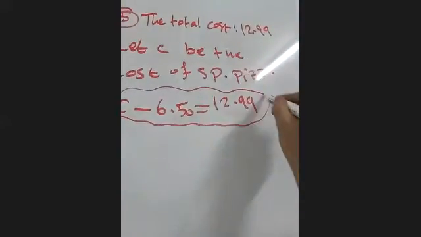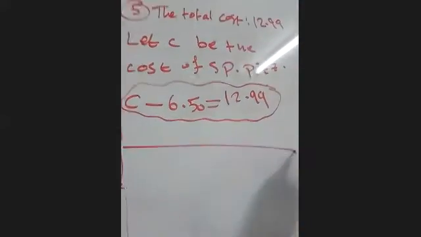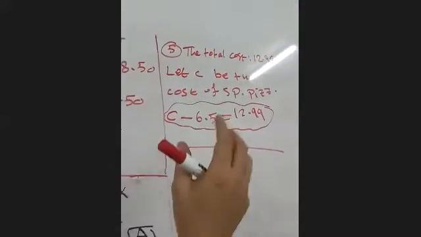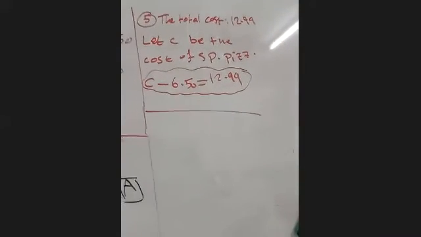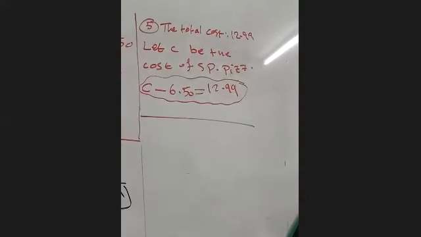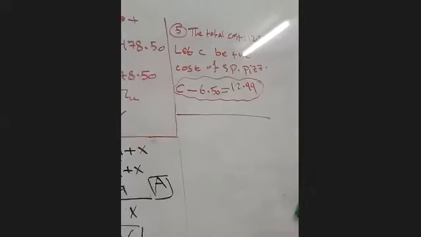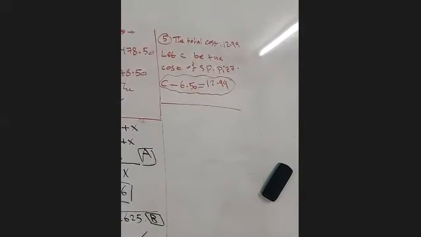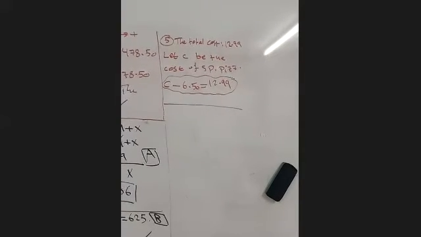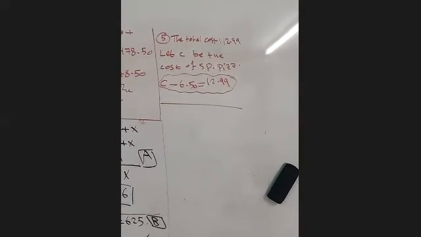They don't ask us to find the value of C. They want the equation only. Do you understand it? Yes. Good boy. Mister, when we come to question 8, can you explain it to me? I will. Okay.